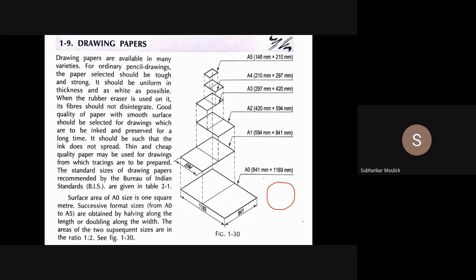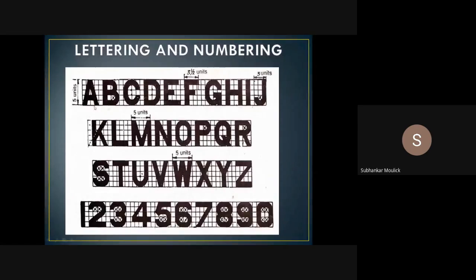The concept is that the height of each letter as well as each number should be 5 units. Each unit is equivalent to 1 millimeter. So 5 units will be equivalent to 5 mm.